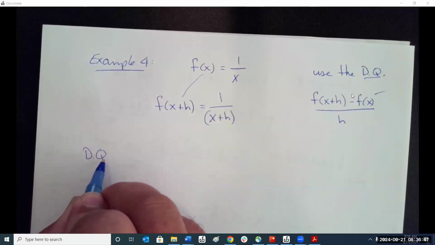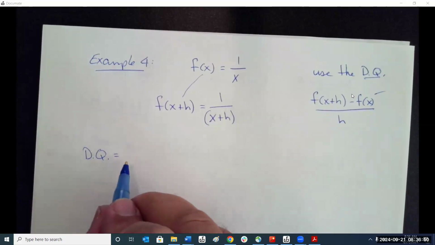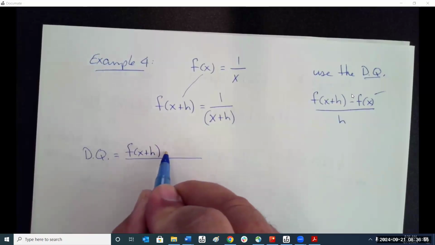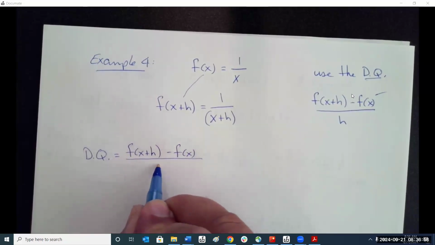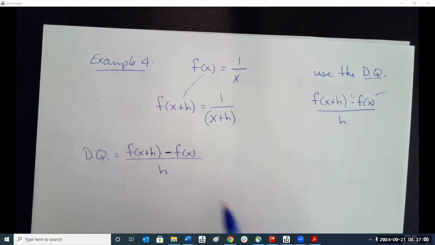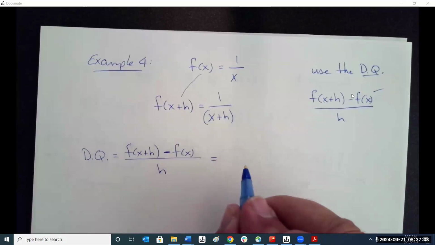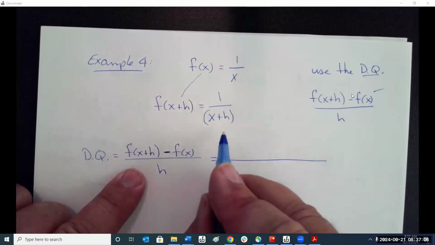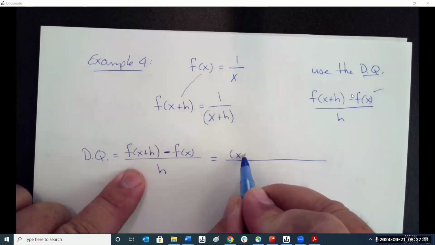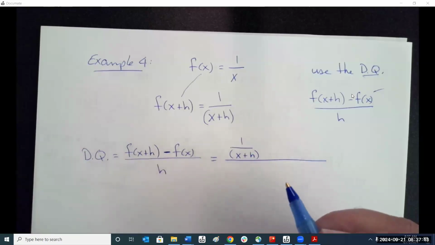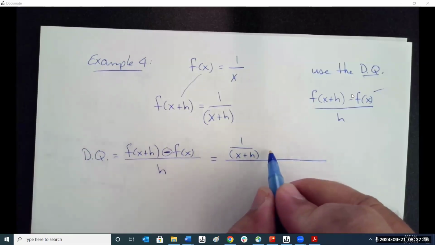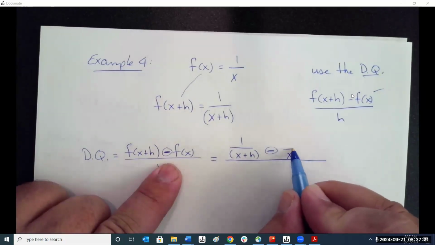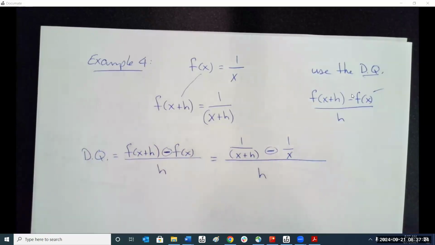So the difference quotient, which is the slope, of f of x plus h minus f of x over h is equal to 1 over x plus h, here's the minus sign, f of x, which is 1 over x, all that over h.